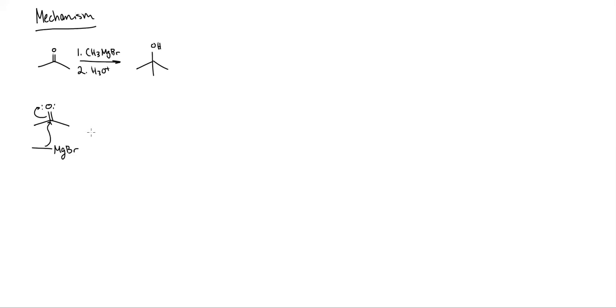And then that bond is going to break, and those electrons are going to go onto that oxygen. So now this oxygen has a negative charge. And then I've added this. And this negative charge is counterbalanced by MgBr, which has a positive charge.